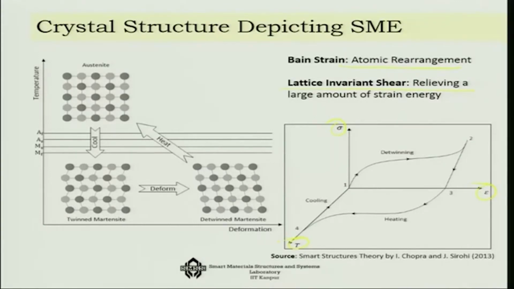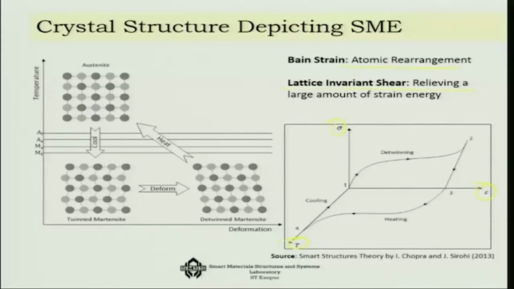temperature. So far for all the materials you have only seen the stress strain behavior, but now temperature has also come into the picture. So let us say I have taken a material which is at its original point number 1, and then I am loading it.